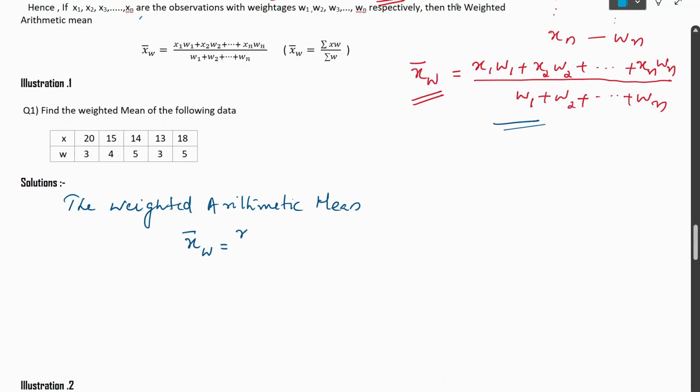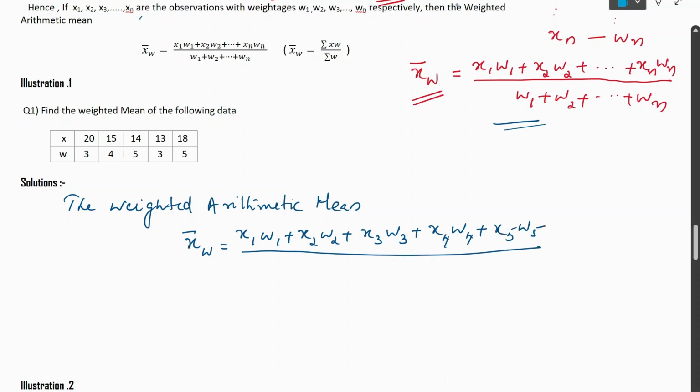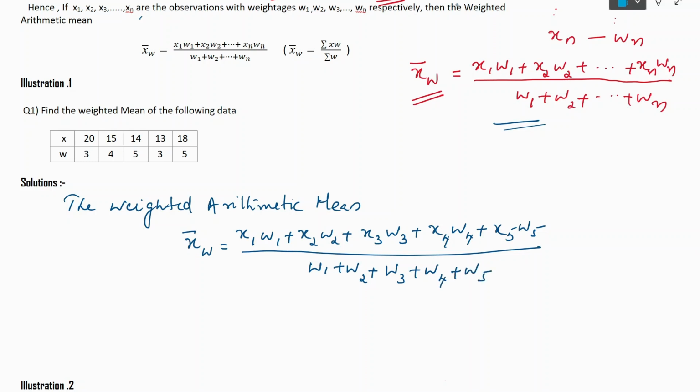I'm writing the particular formula: x1 W1 plus x2 W2 plus x3 W3 plus x4 W4 plus x5 W5, whole divided by W1 plus W2 plus W3 plus W4 plus W5. You can write the general formula also, but I'll just show you how to write the particular formula according to your question.